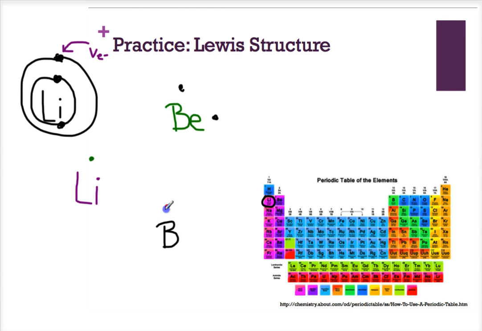So I'm going to put the first one here, the second one here, the third one here, and now I'm going to look for carbon, and carbon is in group 14, and so it has 4 valence electrons. So 1, 2, 3, and 4. So we have 4 valence electrons.